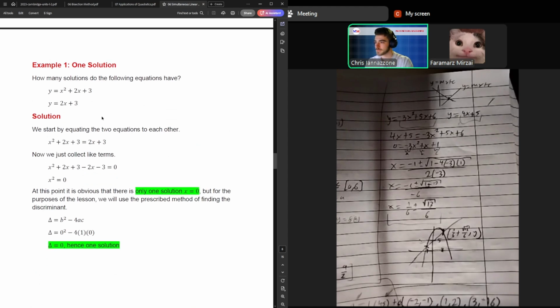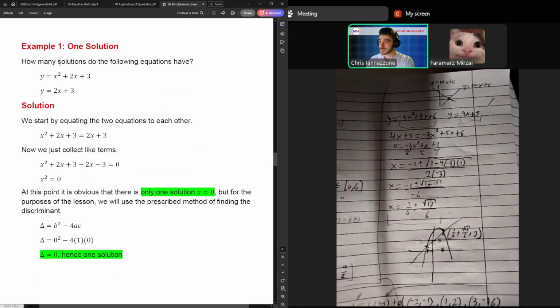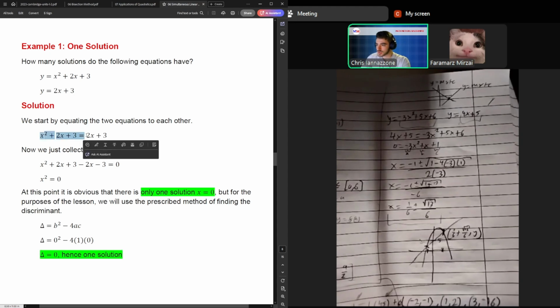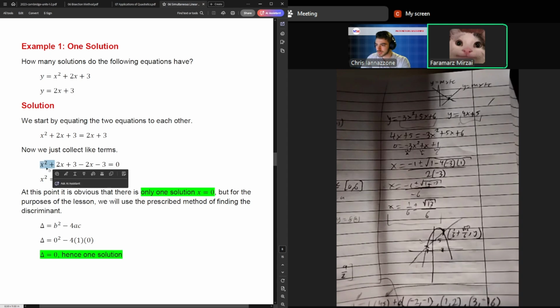If you wanted to know ahead of time how many solutions this pair of equations has, you would start by equating those two things together, which in this case means quadratic on one side, linear on the other. In this case, everything cancels down to just x squared equals 0. So it's pretty obvious that the only solution here is x equals 0.